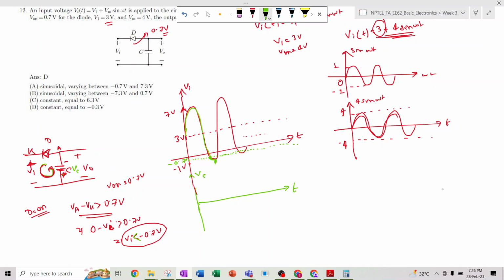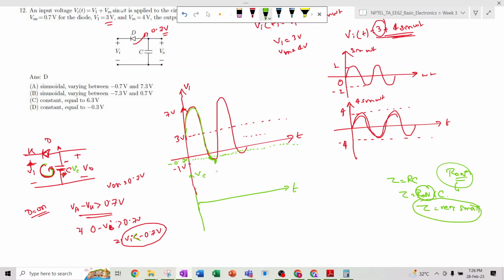Now the time constant of the circuit is nothing but RC. R is basically the on resistance of the diode. The on resistance of the diode is very small, so tau, the on resistance times the capacitance, is very small. That means the capacitor charges instantaneously, right?